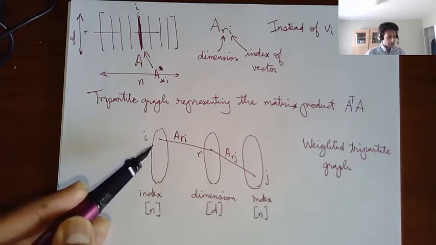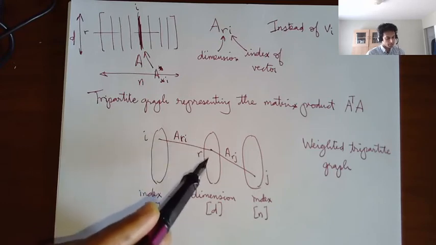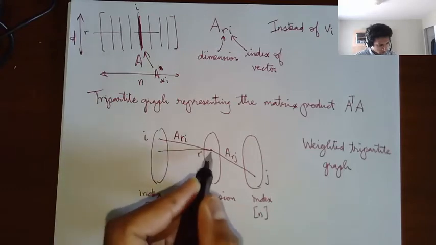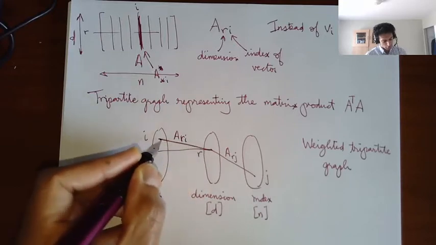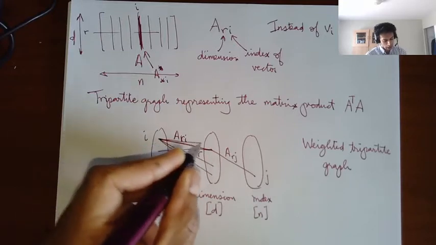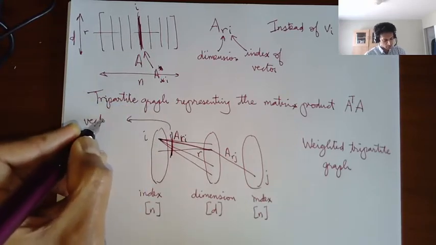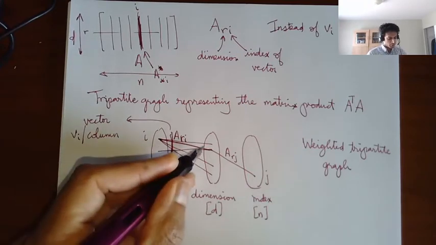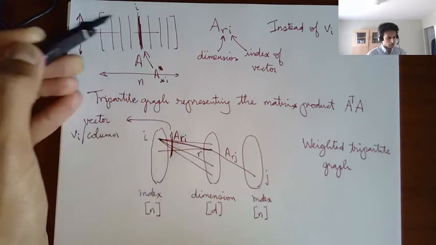For every i and every r, where r is a dimension and i is an index, the weight of that edge is A_ri. If you fix i and look at all the edges going out of i, this represents the vector v_i, or a column, because as you change your neighbor, you're changing the dimension.